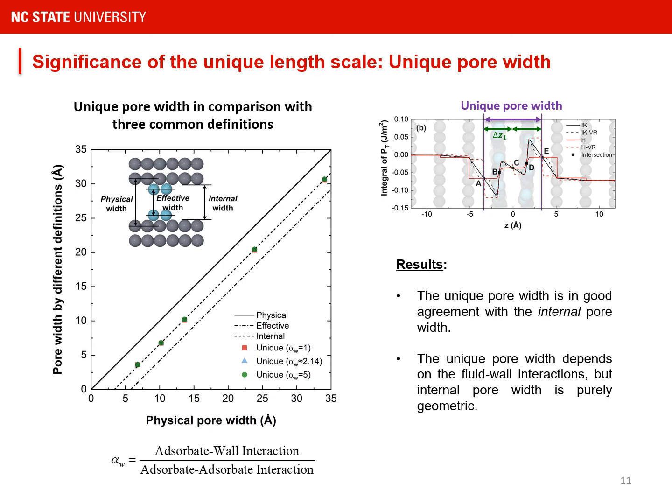The internal pore width is purely geometric in definition, but the unique pore width should depend on the molecular interactions. For now, what we can say is the internal width is a good approximation to the unique pore width that leads to a consistent thermodynamic description of the confined system. But more investigations are still needed before we can fully understand the physical meaning behind this unique pore width.